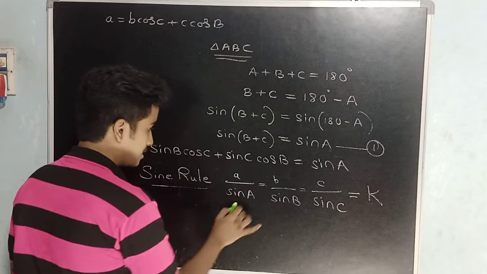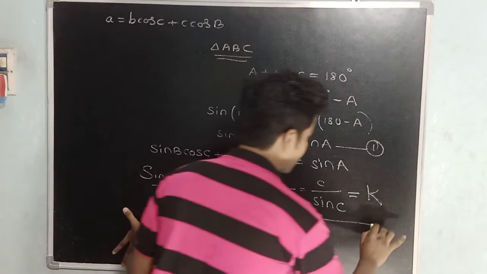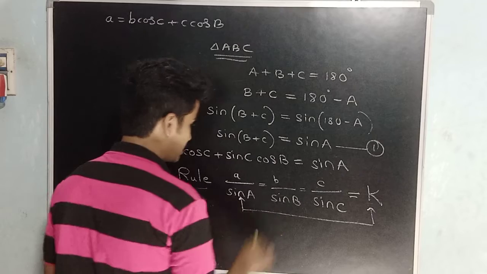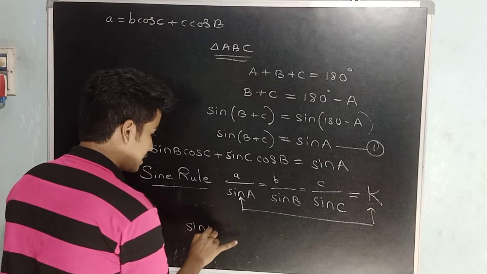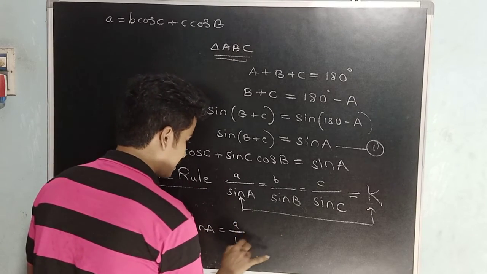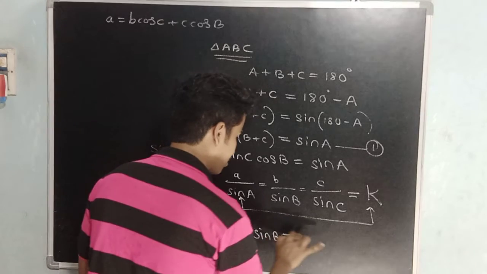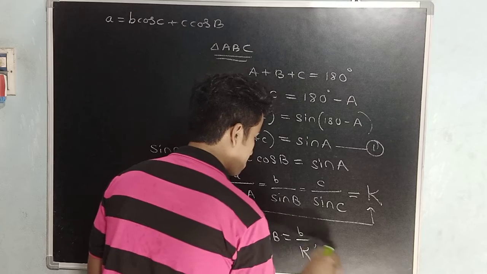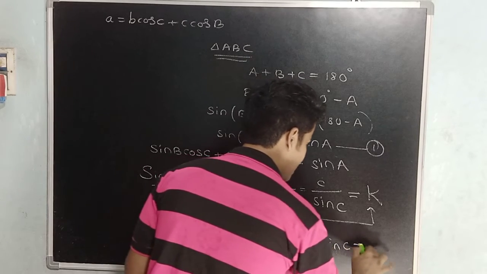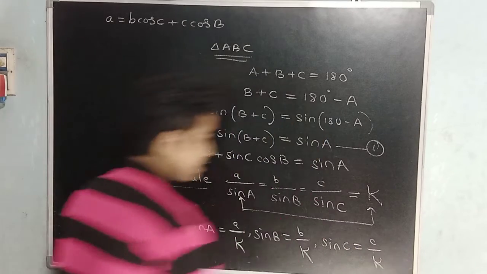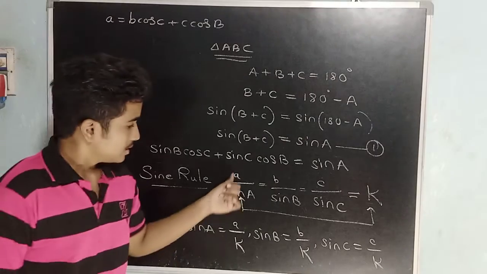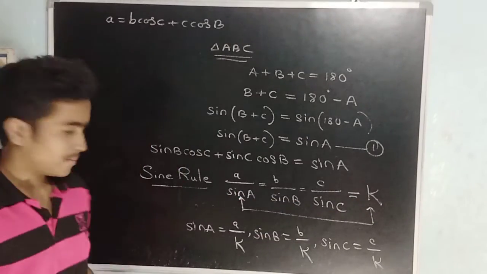Equating these ratios, we are going to get sin A is nothing but a by k, sin B is equal to b by k, sin C is equal to c by k.